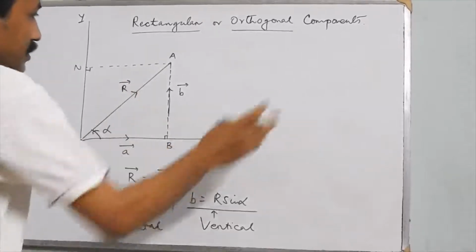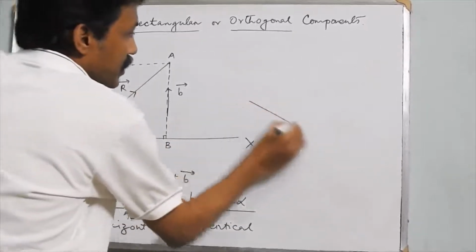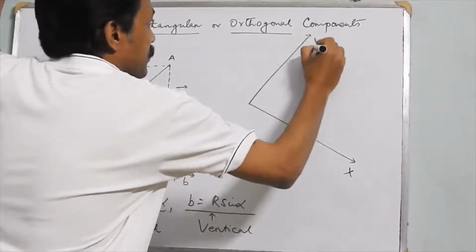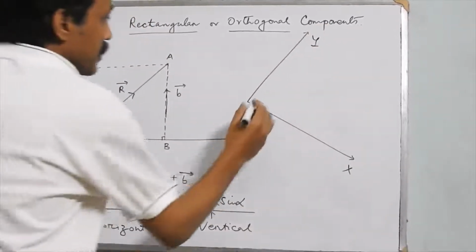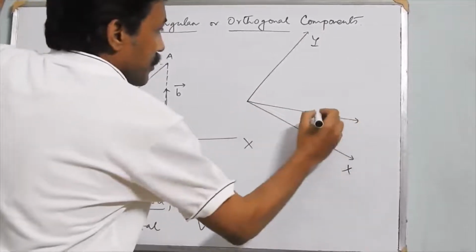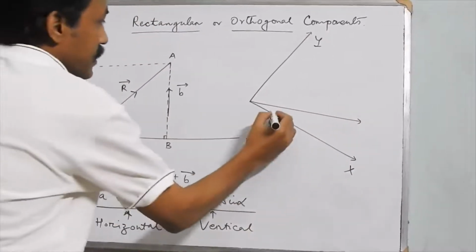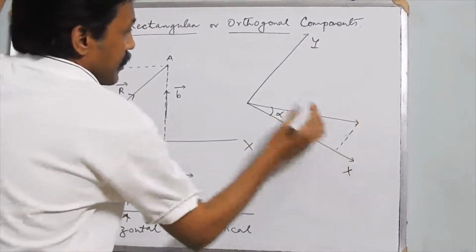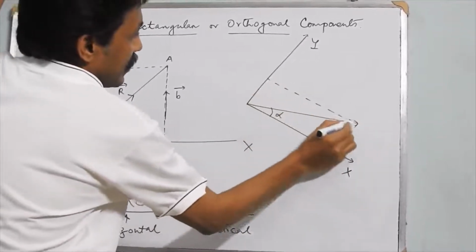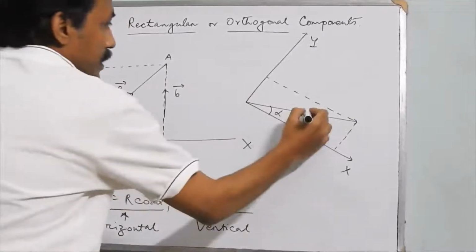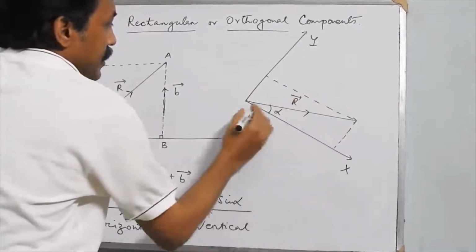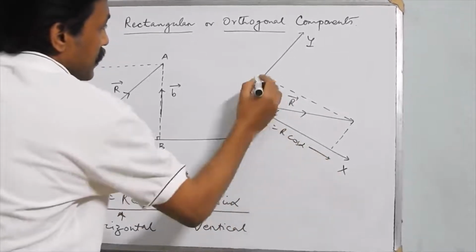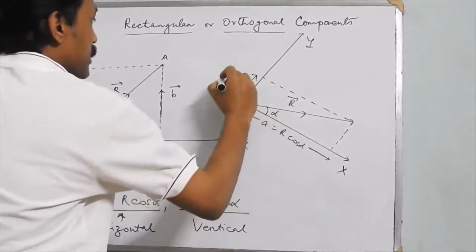Suppose instead of the horizontal direction, this was the x direction and this was the y direction and this was the vector r, and if this is alpha, then obviously this is your A, which is r cos alpha, and this is your B, which is r sin alpha.